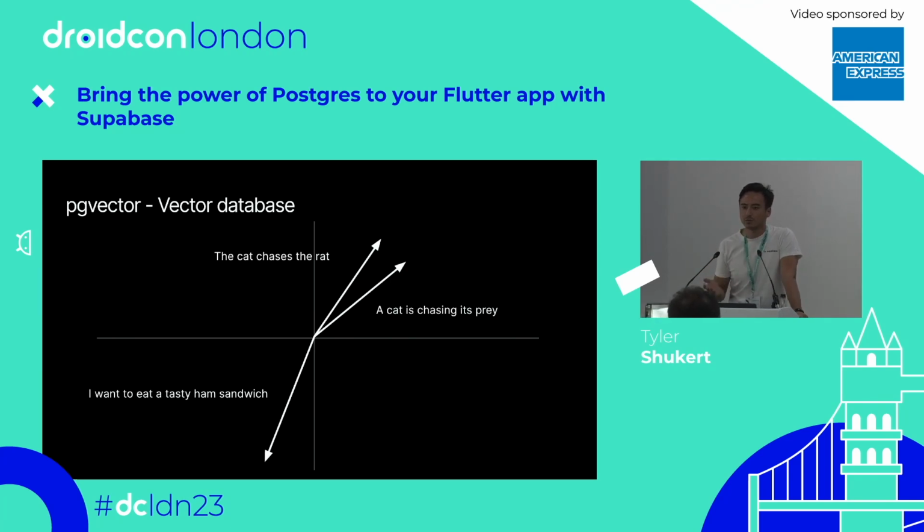And oftentimes, those vectors are called embeddings. These vectors contain some kind of semantic information about the data given in the first place. For example, let's say we had 3 sentences. The cat chases the rat, a cat is chasing its prey, and I want to eat a tasty ham sandwich.